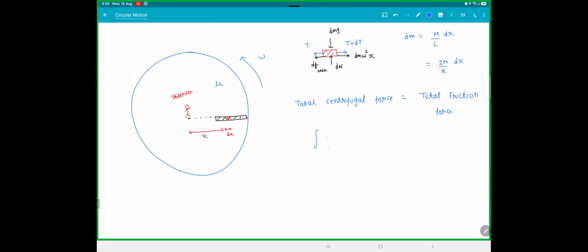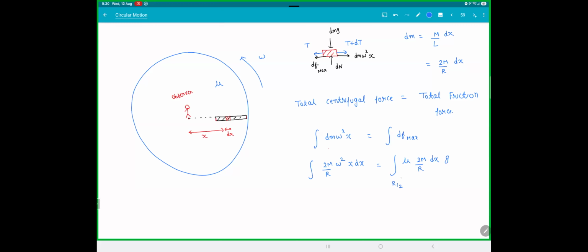So that will be integral dm omega square x must be equal to integral dF max. This would be 2m by r omega square x dx. This will be integral mu dm g, where dm is nothing but m by l, 2m by r dx, into g.